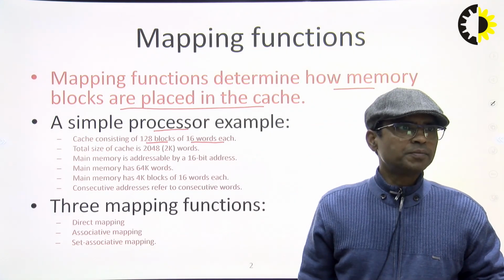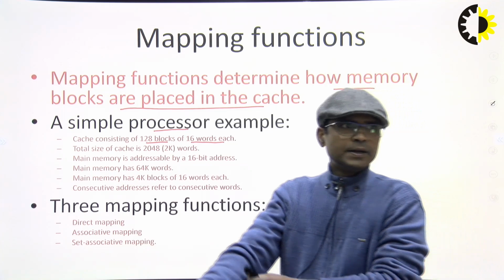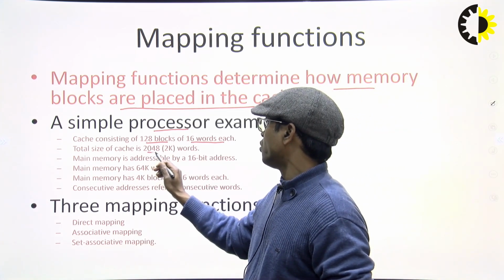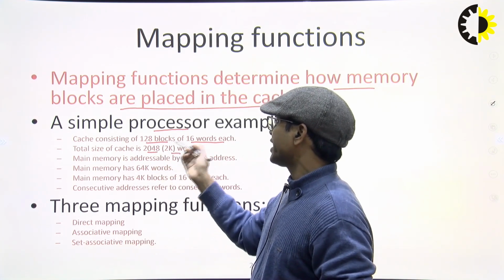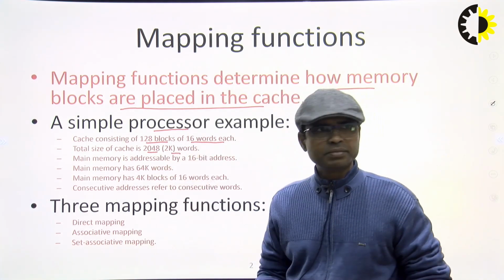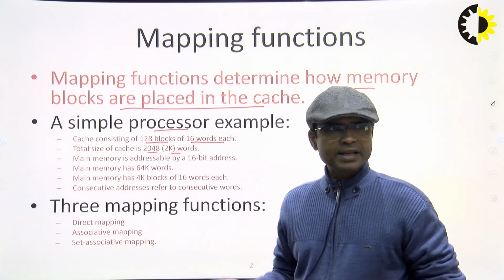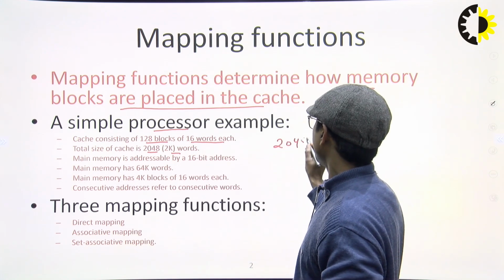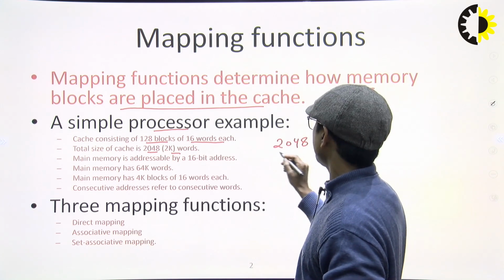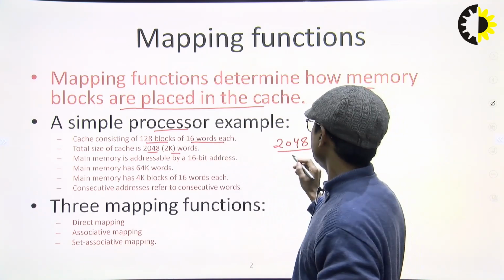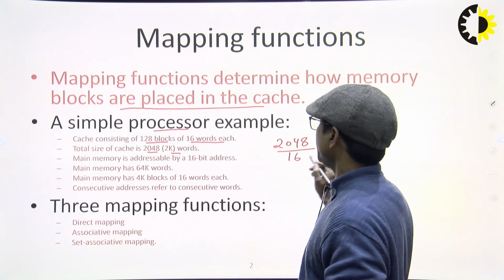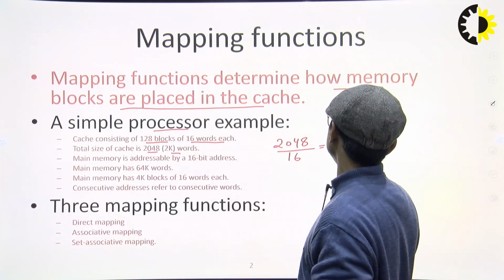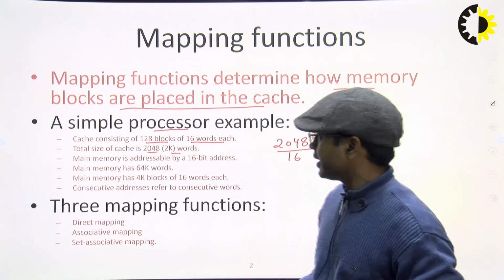Since the total size of the cache is 2048 or 2K words, we can easily find out how many blocks can be occupied in the cache just by dividing 2048 by 16. It comes out to be a total of 128 blocks.